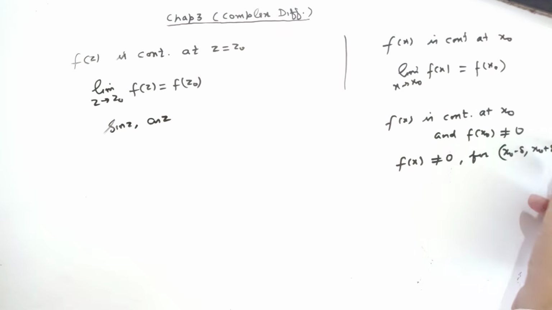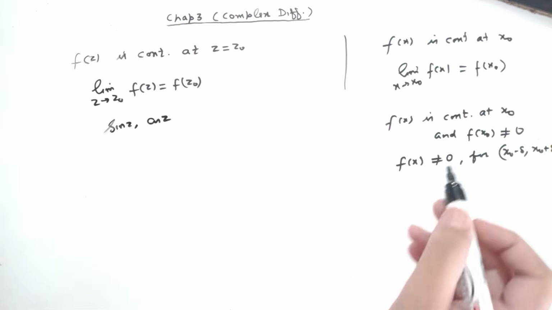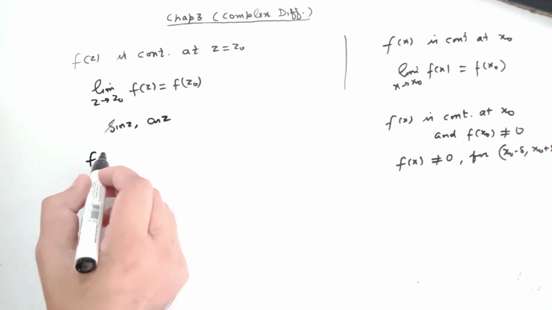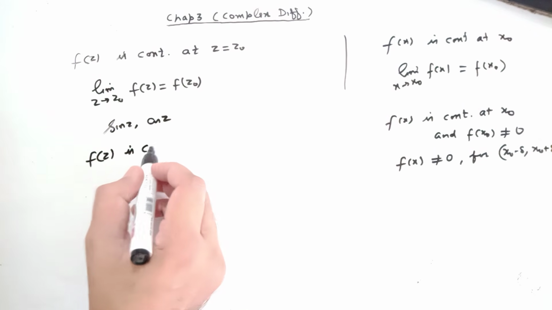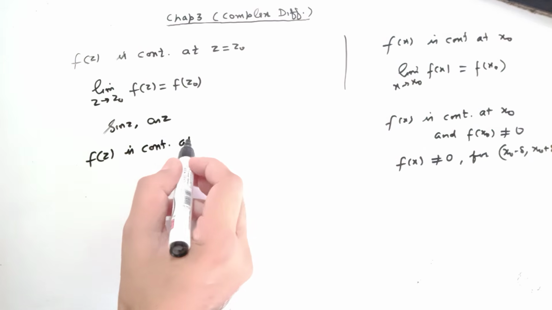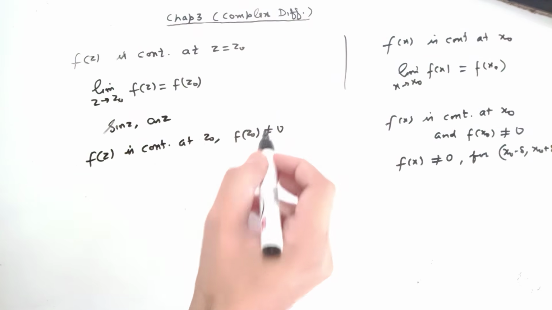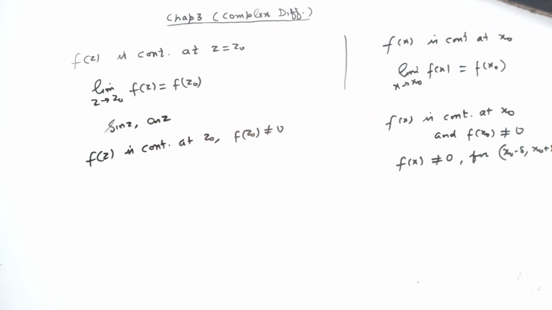There exists a neighborhood where it remains non-zero. This result holds true in complex also. If f(z) is continuous at z0 and f(z0) is non-zero, then there exists a neighborhood in which f(z) is non-zero throughout.